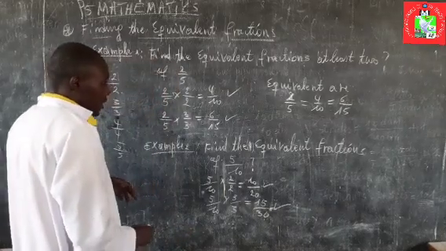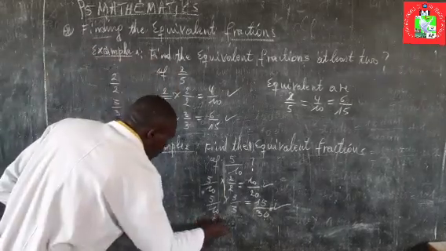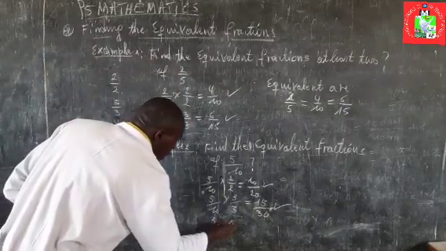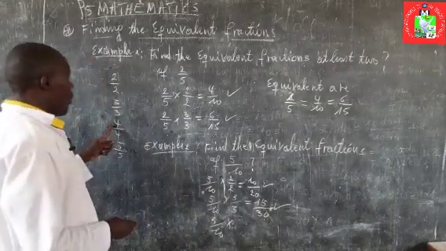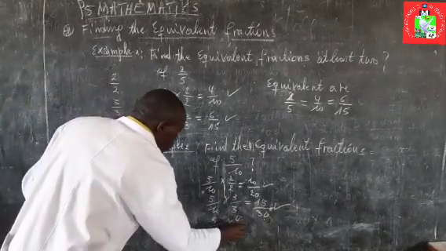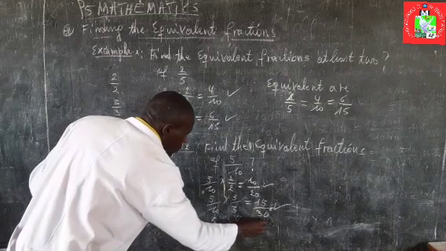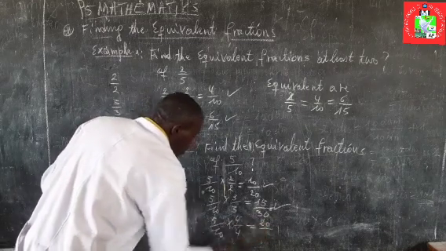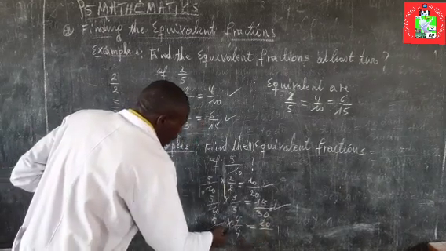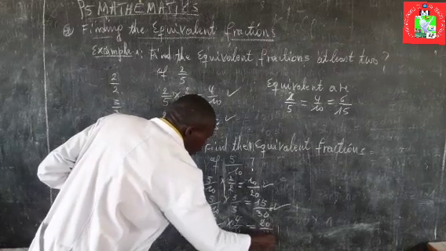The next is 5 over 10 times 4 over 4. 5 times 4 is equal to 20, and 10 times 4 is equal to 40.